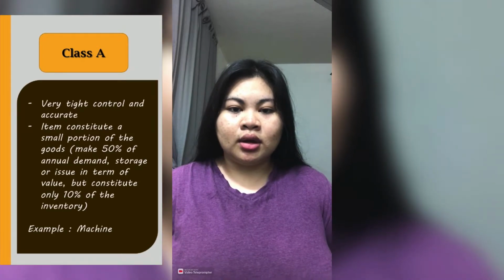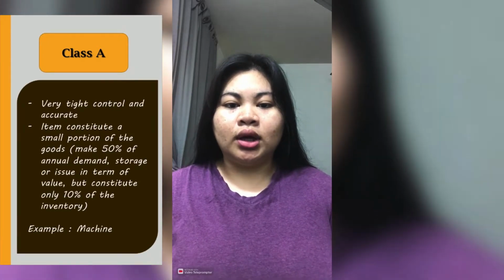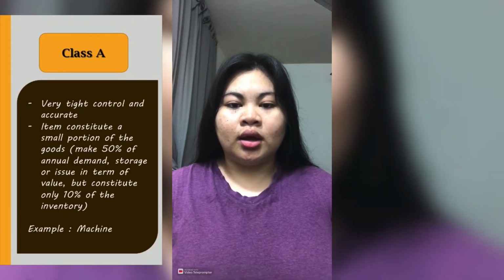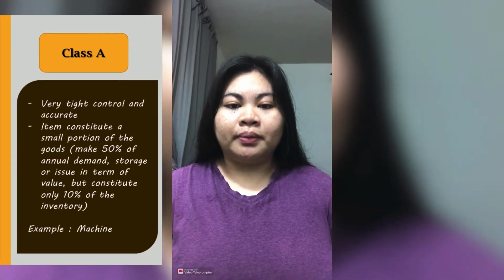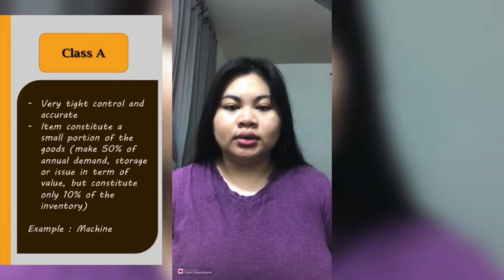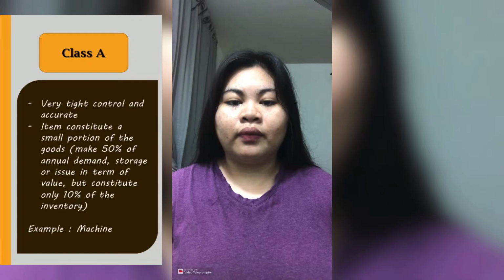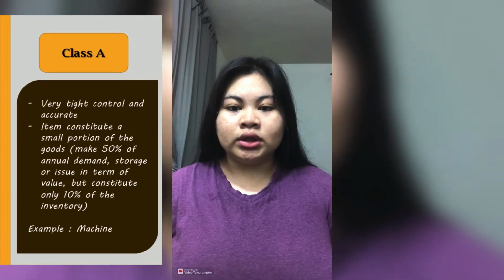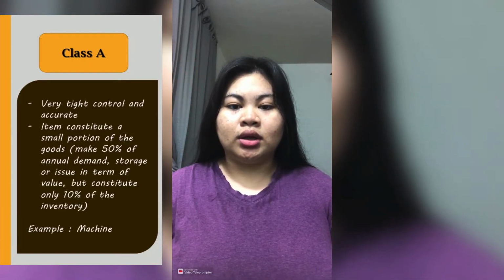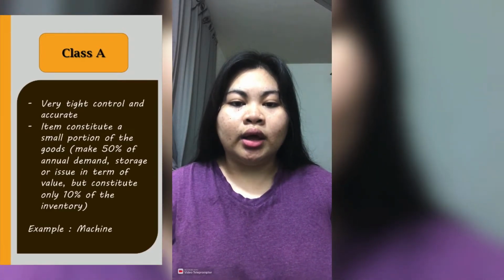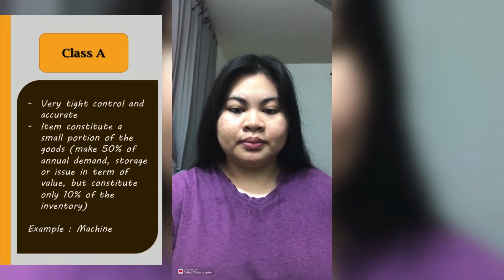Second, items constitute a small portion of the goods, making up 50% of annual demand, use, or issue in terms of value, but constitute only 10% of the inventory. Example, machine.